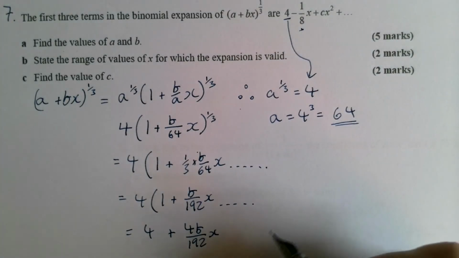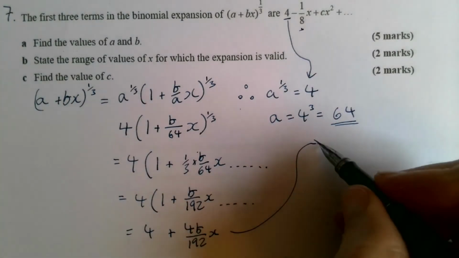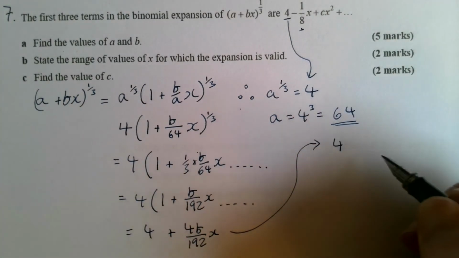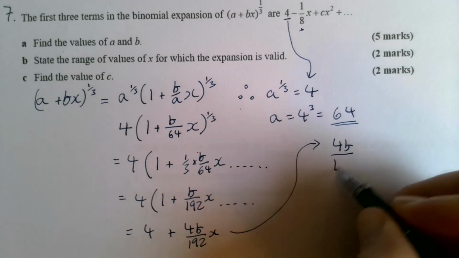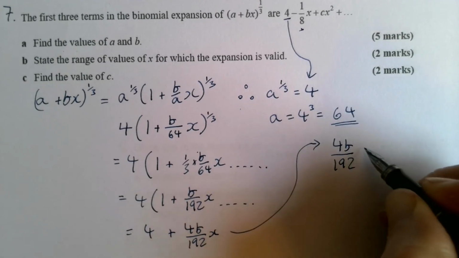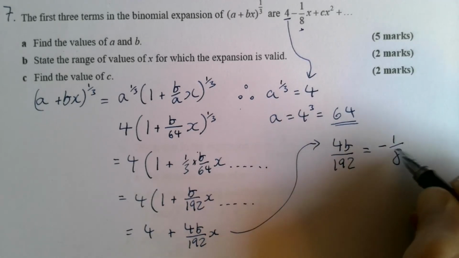So we can then say that 4b over 192 is equal to negative 1/8.